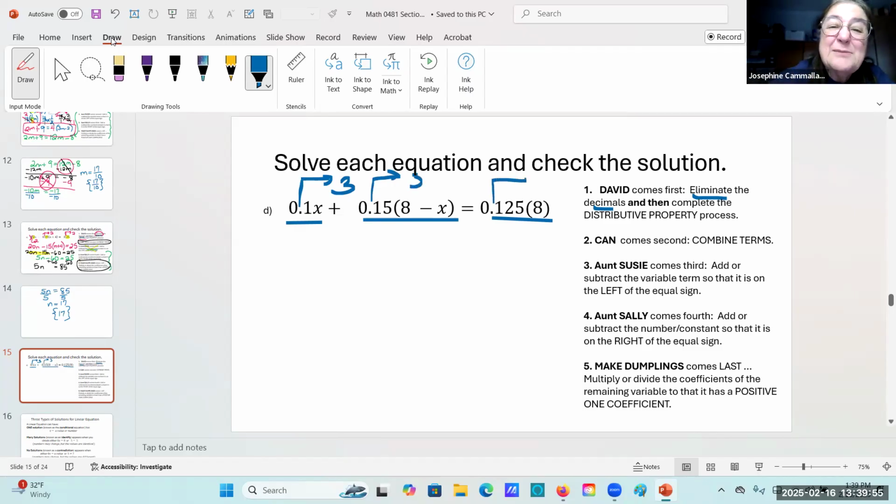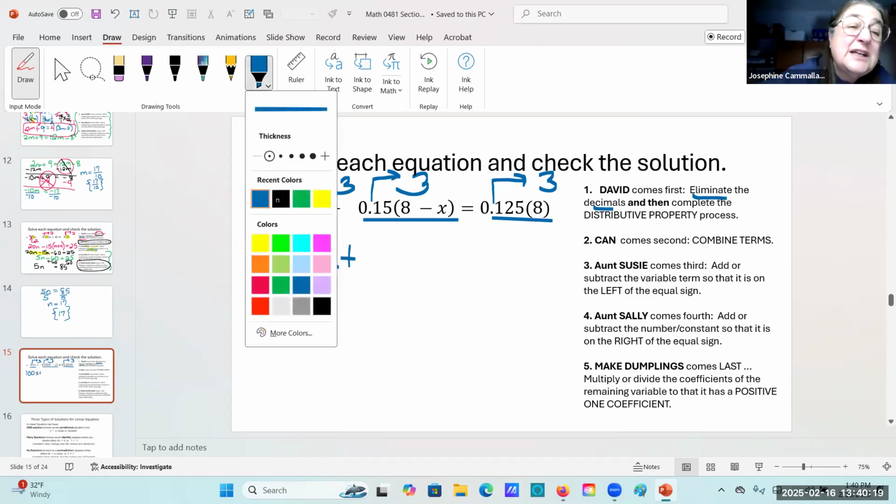And then this decimal is moving 3 places to the right. And just to make sure that you can see my 3 here. Okay, well, if I move the decimal on the first term, I'm going to have 100x plus.